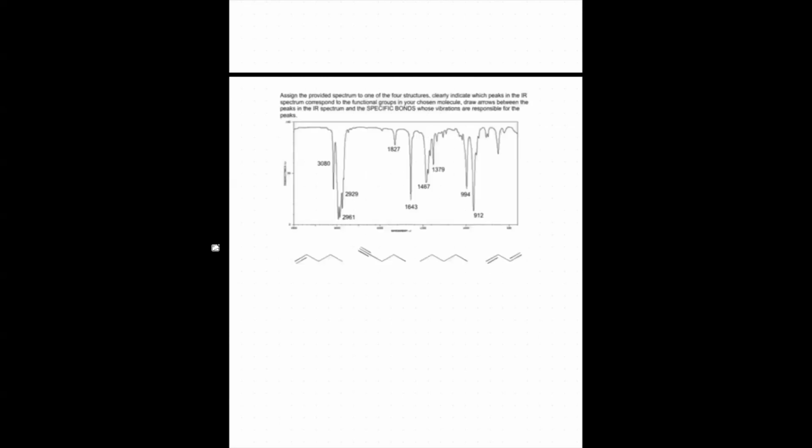I don't mean to interrupt. No, you're fine. Go ahead. I was just looking over all of the different combinations because I don't think that I'm solid on it yet. Tell me. It says on page 5, on the bottom example, the sp hybrid C-H bond vibrates with frequencies around 3300.